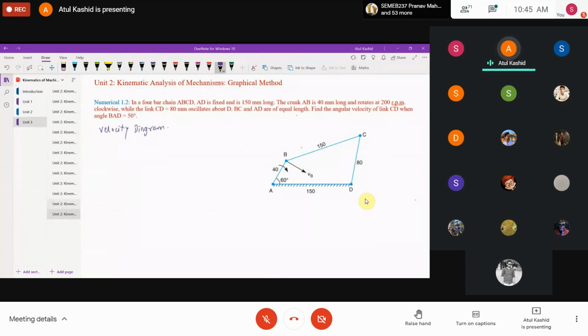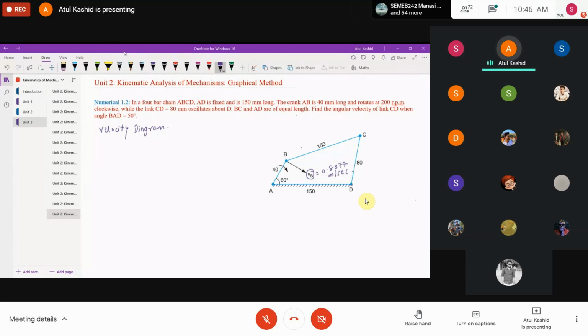right? Now you could remember that we have found out the velocity of B. What is the velocity of B? It was 0.8377 meter per second, right?